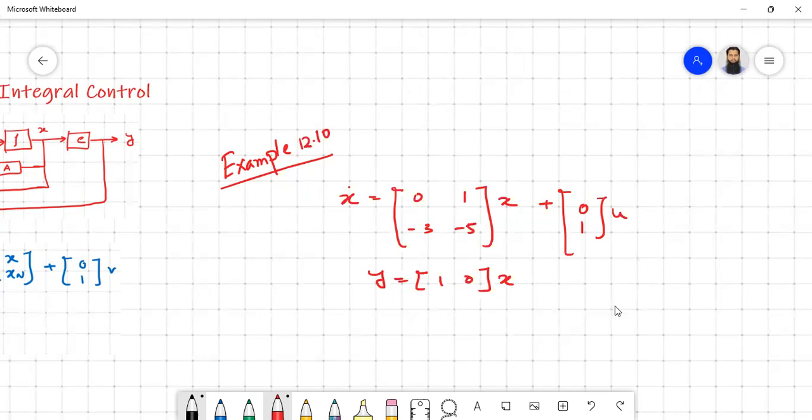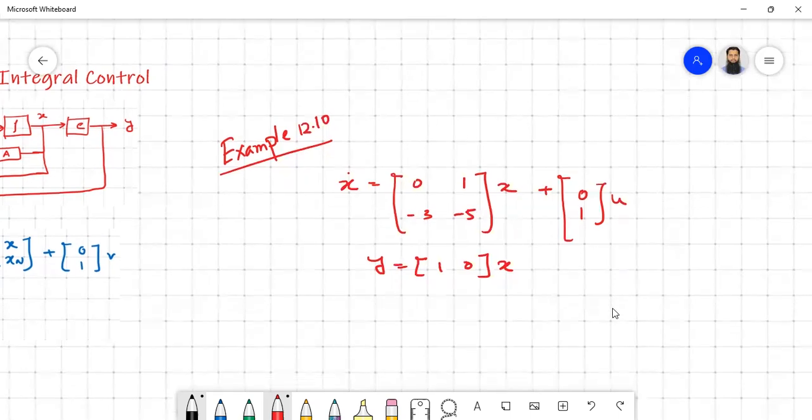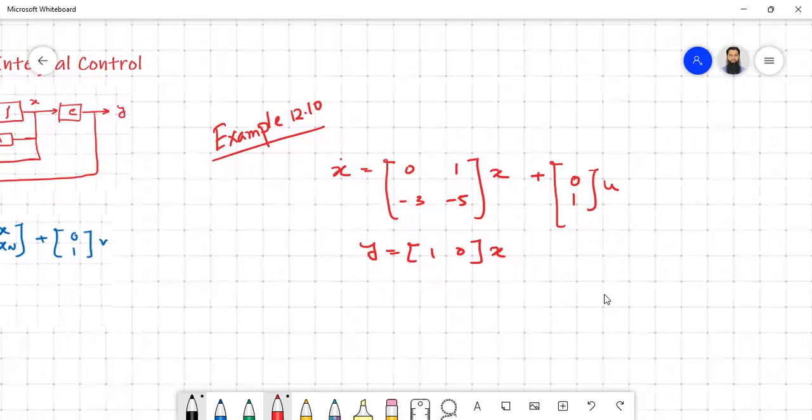sections. The first one is asking you to design a controller without the integral control, and that is part A. Part A, design without integral control.